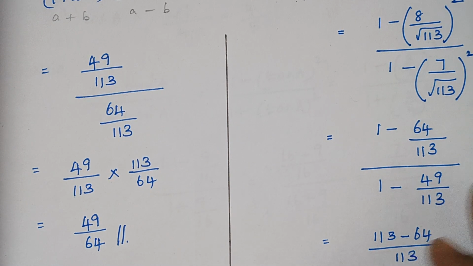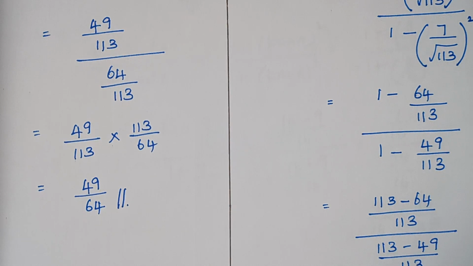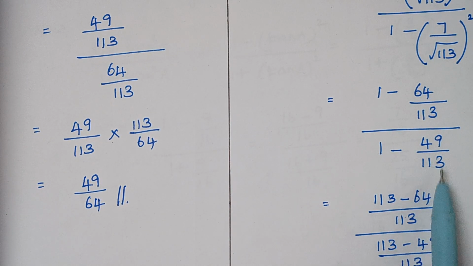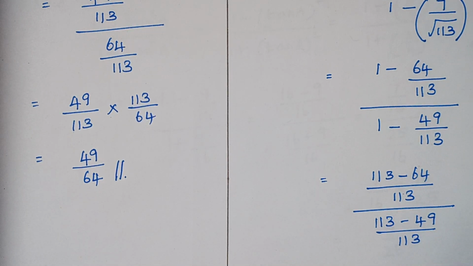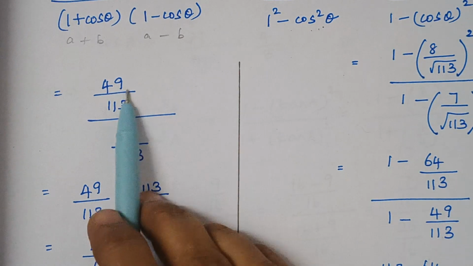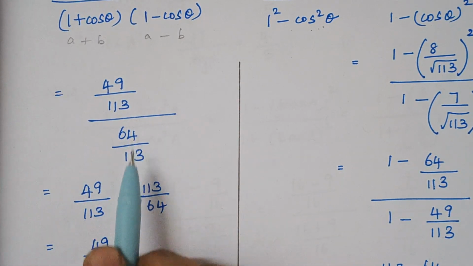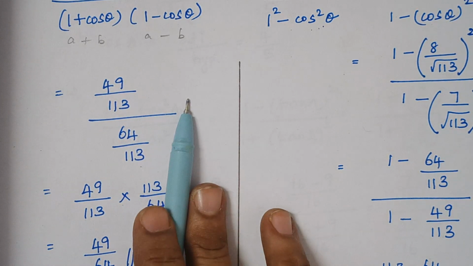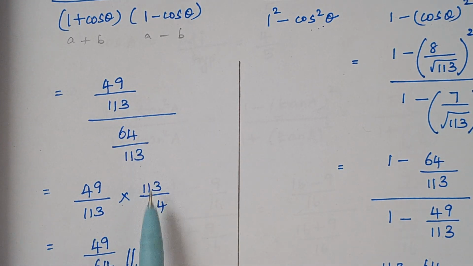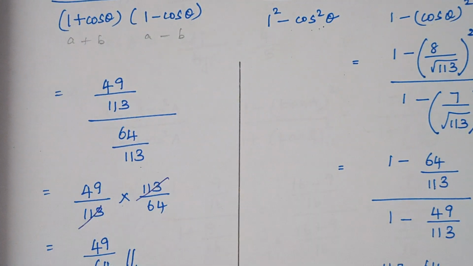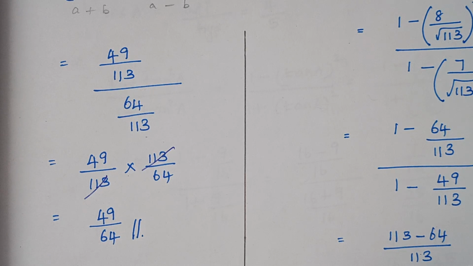The next step is we have to take the LCM, that is, 113 minus 64 divided by 113, and here 113 minus 49 by 113. When you solve, that becomes 49 by 113 divided by 64 by 113. Again, when you move the denominator term to the numerator, it appears as a reciprocal. So these two terms cancel each other and the final answer is 49 by 64, right?